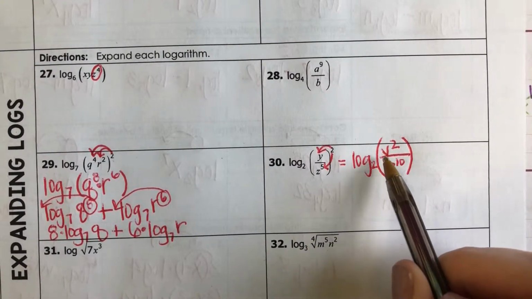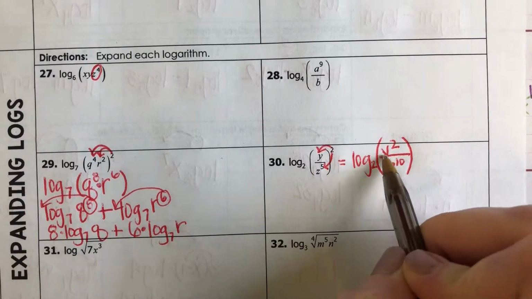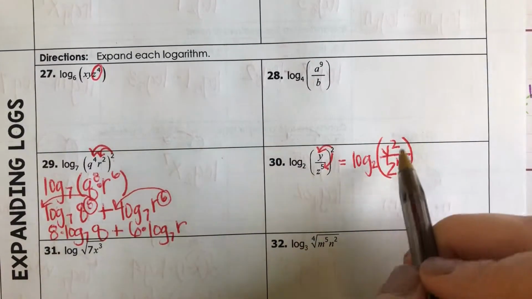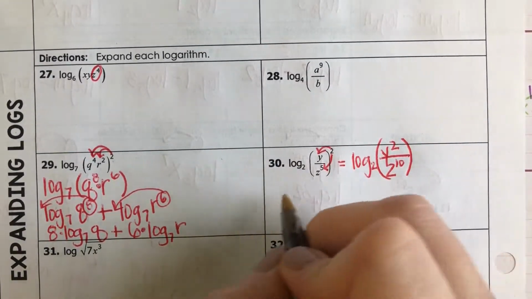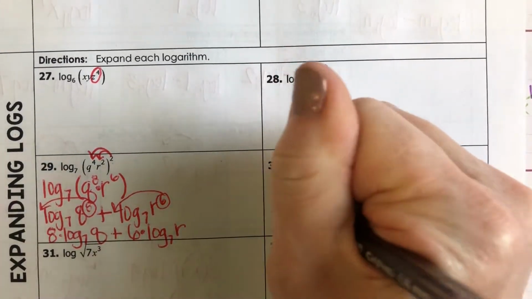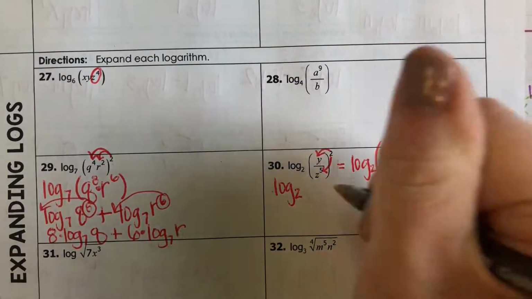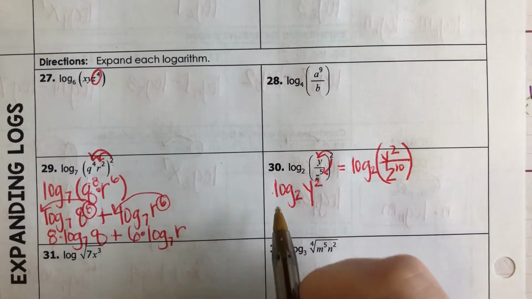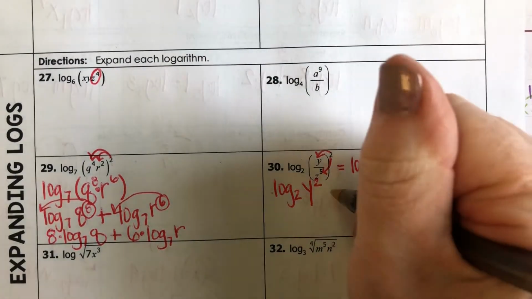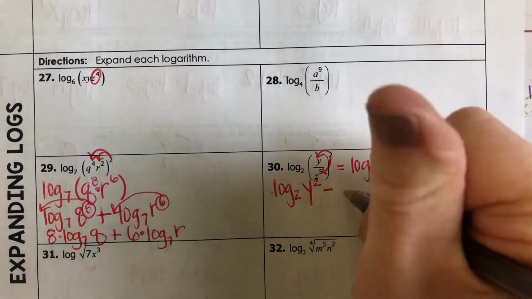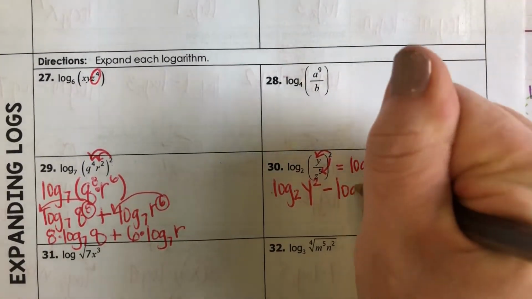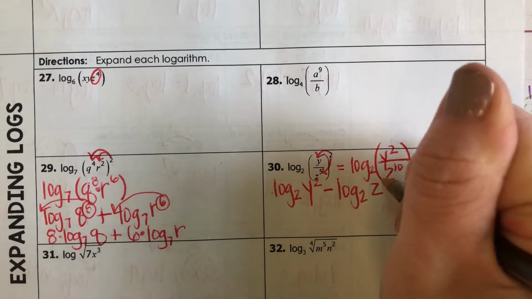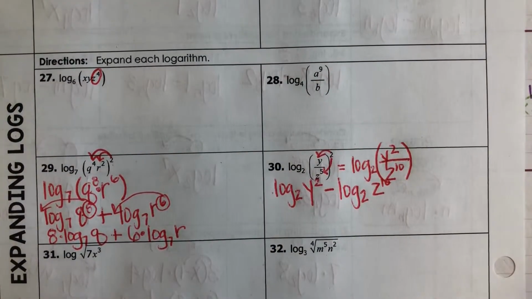So right here, I know that there's going to be subtraction because of the fraction bar. I'm going to start out with log base 2 of y squared. It's up top, so it's following a positive log. And then I'm going to subtract from it log base 2 of z to the 10th power.